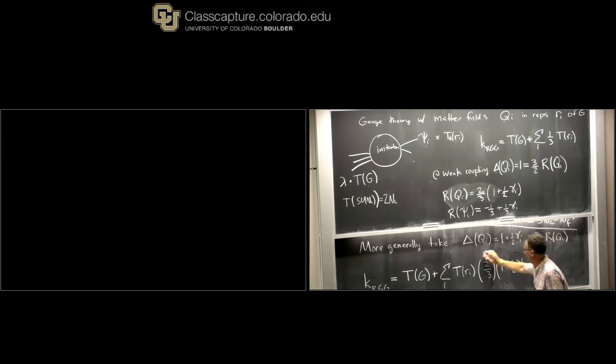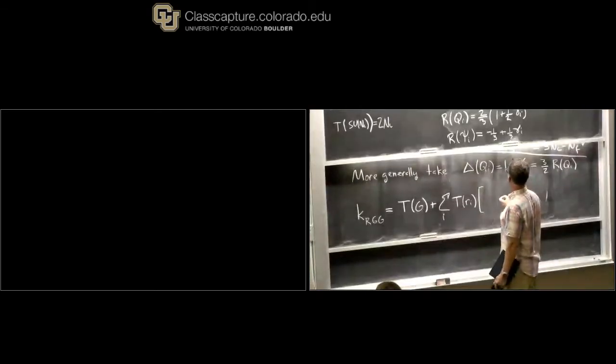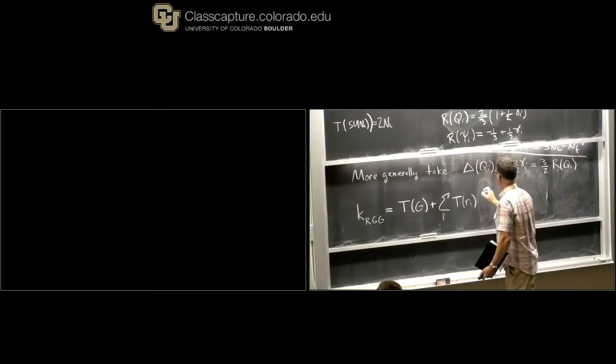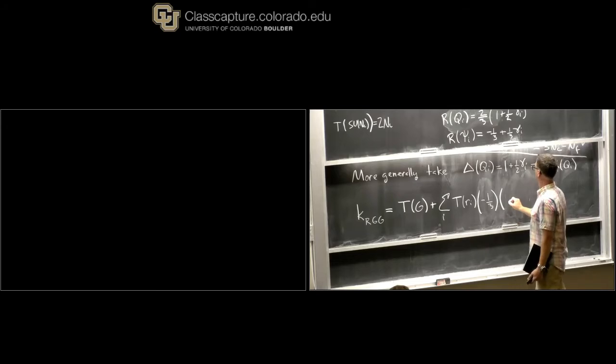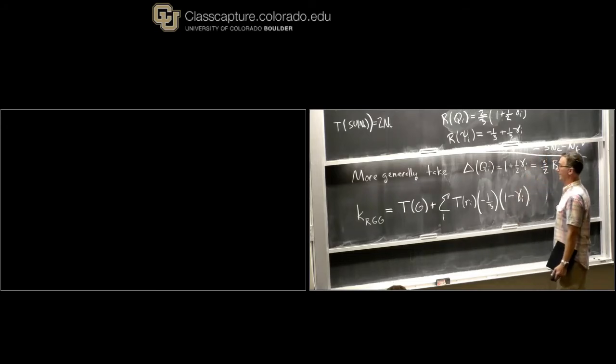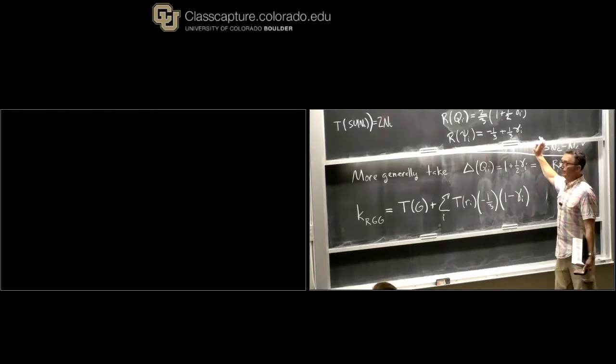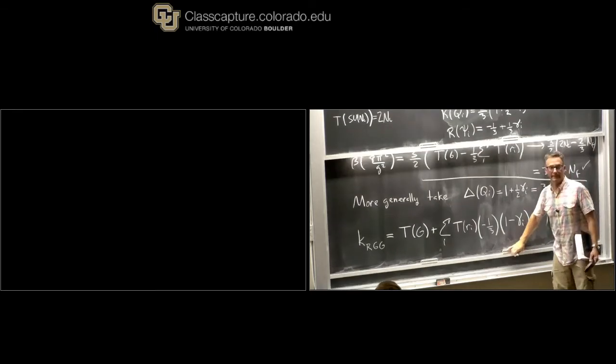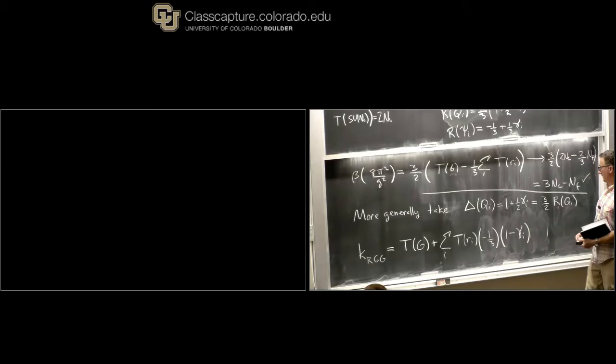Thank you, I think I had a typo. Let me redo that. So we can write this as minus 1/3 times 1 minus gamma i.